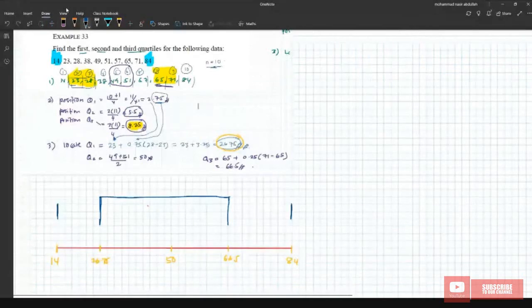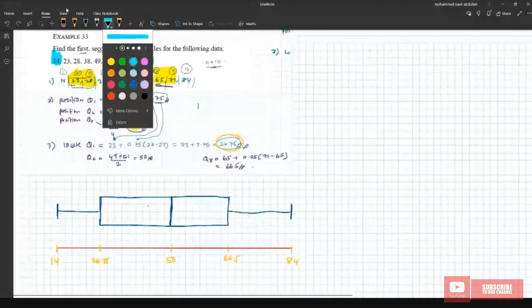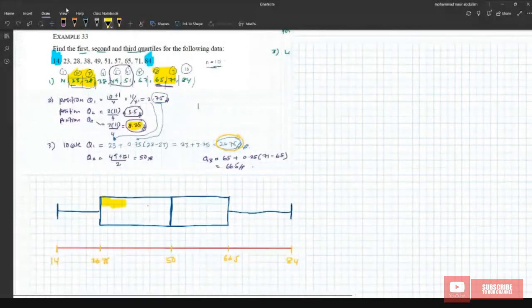Better you use a ruler, and you will see it looks nicer, right? So this is quartile number 2. So if you measure it correctly, you can see the area on the left hand side is larger than the area on the right hand side.